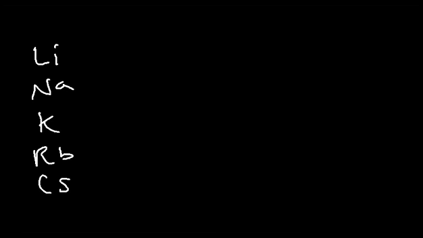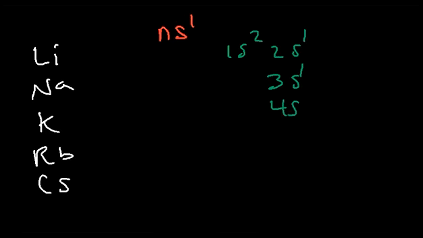So let's talk about the alkali metals. So you have lithium, sodium, potassium, rubidium, cesium, and so forth. All of these elements have the configuration ns1. For lithium, it's 1s2, 2s1. For sodium, it ends in 3s1. Potassium, 4s1.